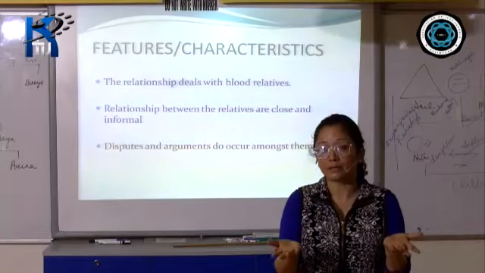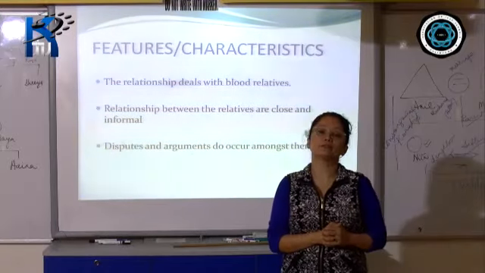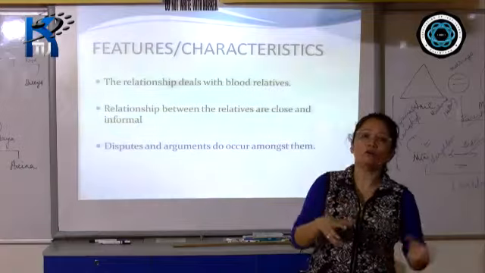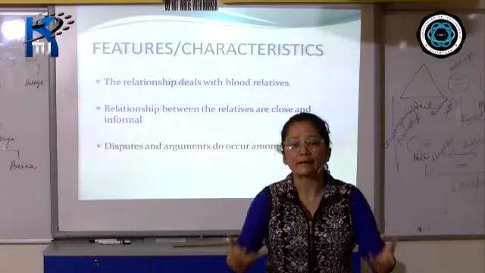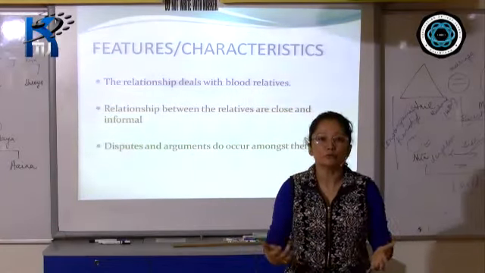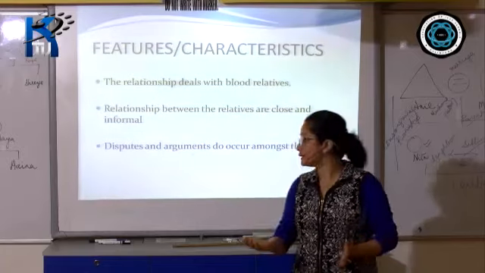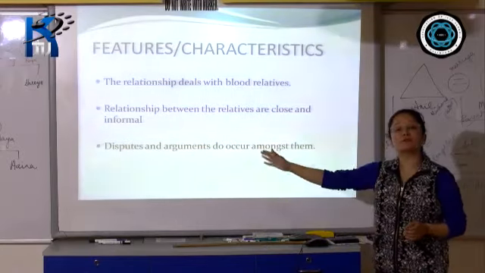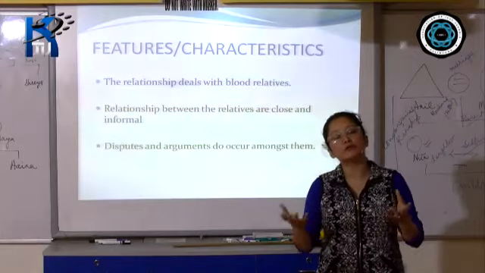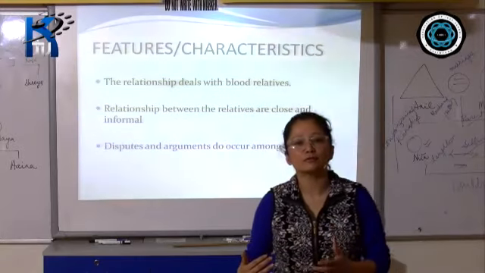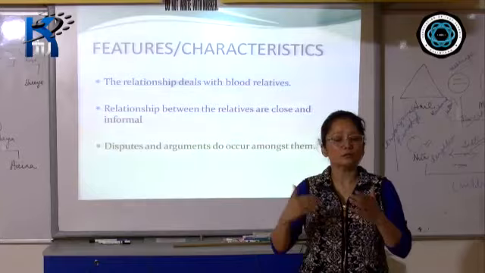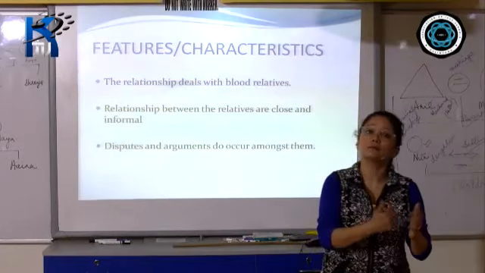But the beauty of this consanguineal relationship is, with all these hitches, you carry on, you move on in life, and this is the beauty of relationship. So disputes and arguments are very common, even in your own house. Maybe the son does not agree with the father, or the daughter has some problem with the brother.